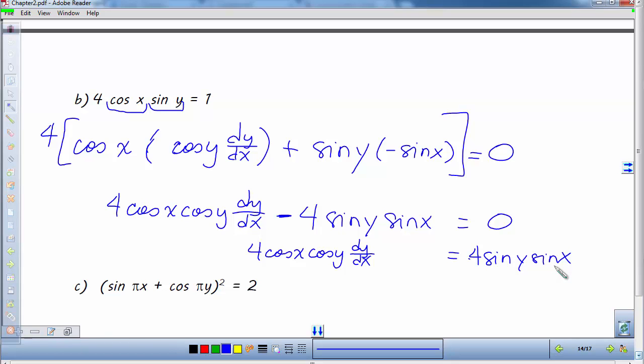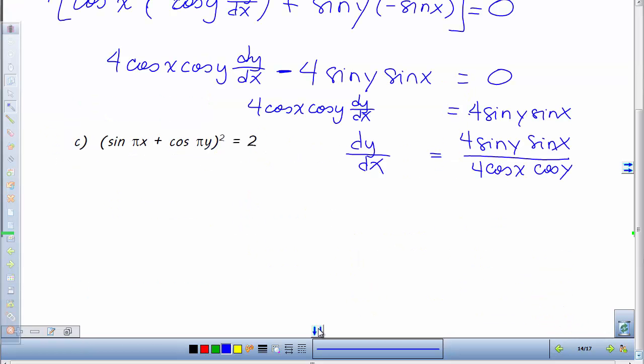Okay, and if I want to solve for dy/dx, I'm going to divide both sides by 4 cosine x cosine y. So 4 sine y sine x over 4 cosine x cosine y.